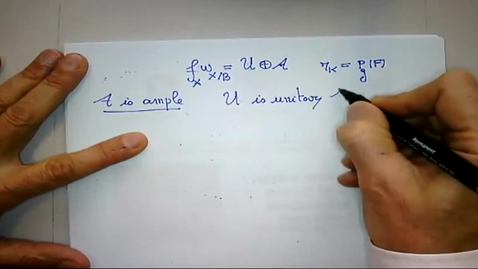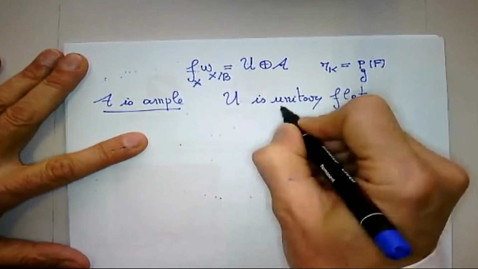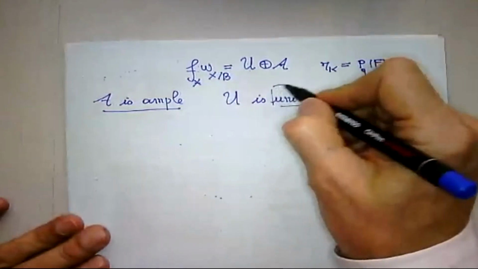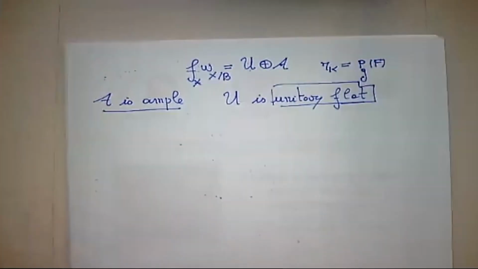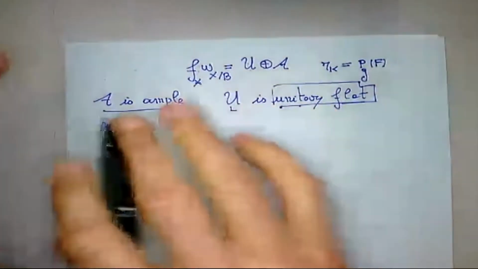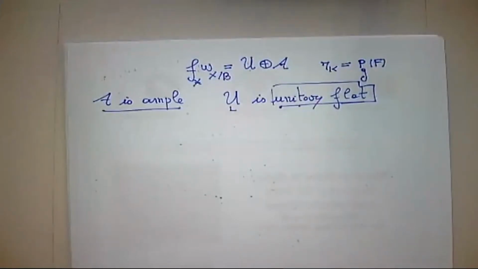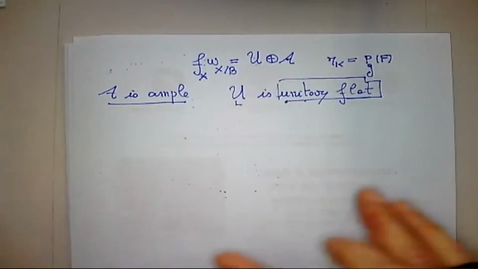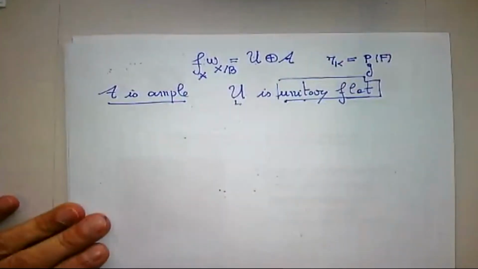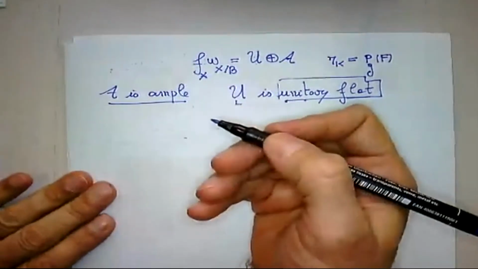The second one is what we call unitary flat. Now I understand that I don't know if people know the meaning of this notion. Quickly, there is a theory, let me call it a very general framework, the framework of local systems, where you have three different categories. I quickly recall them for you.